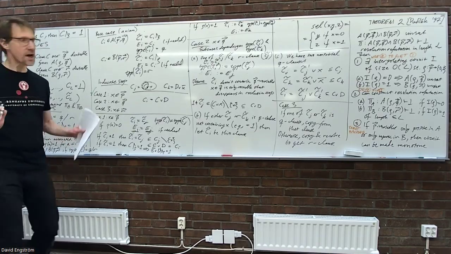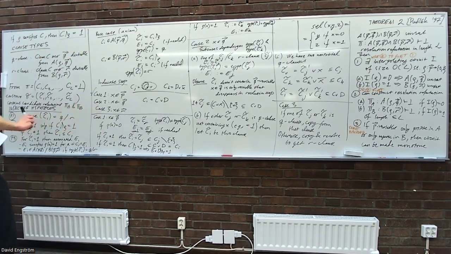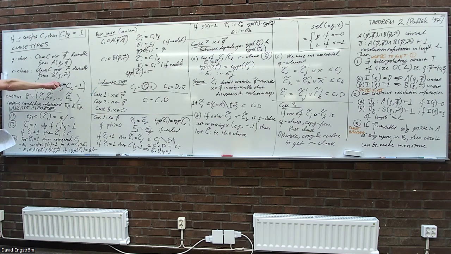Okay, and now I claim we're done because this means that we have now successfully classified all of the clauses, including CL. So CL tilde is a Q clause or an R clause. It is definitely not the clause 1, because then I would have found a restriction that satisfies the contradiction.